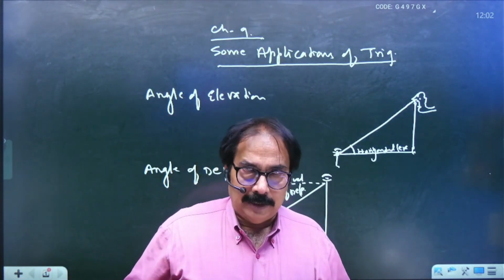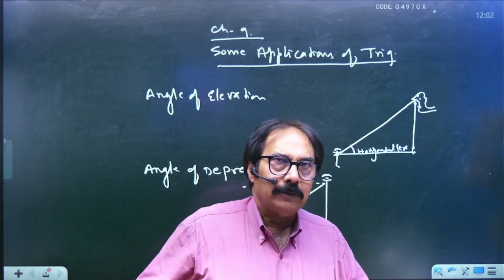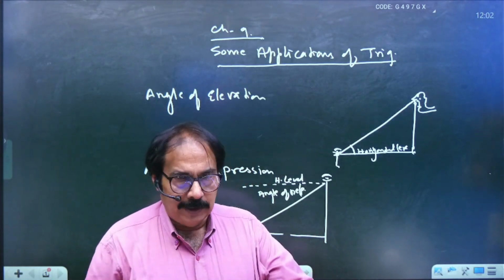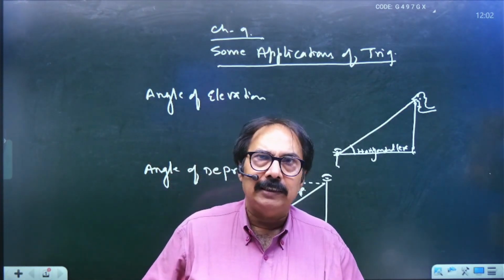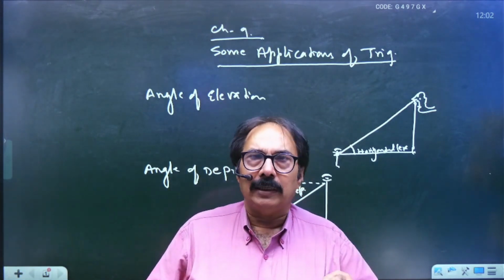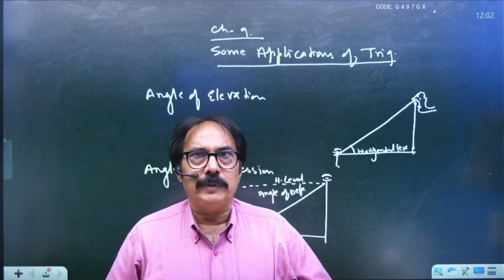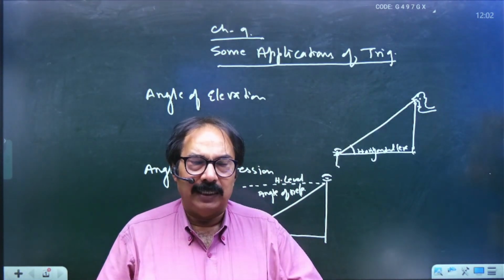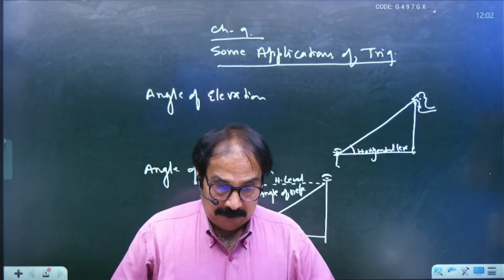Exceptional cases are everywhere, so exceptionally we can use sine theta, cos theta as per the question. But in general, your answer should be tan. If there is the option of tan, you will mark tan. If the option is cot, then you will mark cot.